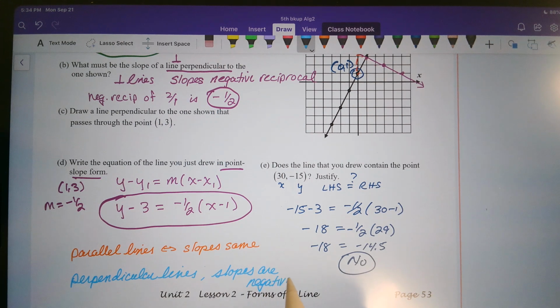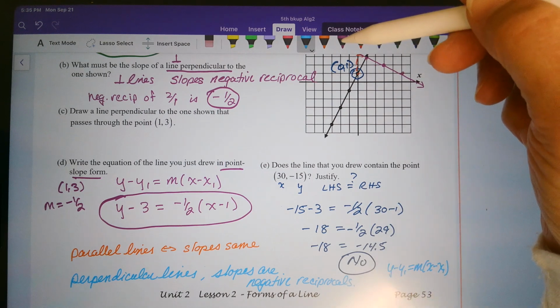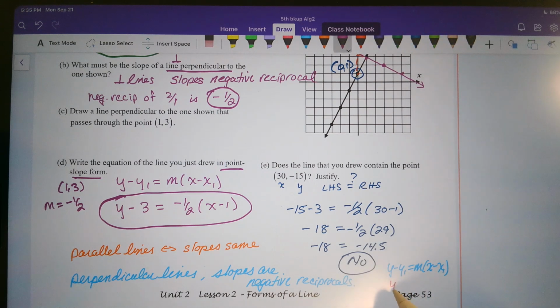Negative or opposite, maybe your teacher last year used the word opposite instead of negative. Slopes are negative reciprocals. Okay, and don't forget our two formulas, right? Our y minus y sub 1 equals m times x minus x sub 1. I should have used the regular color for that. And our y equals mx plus b.